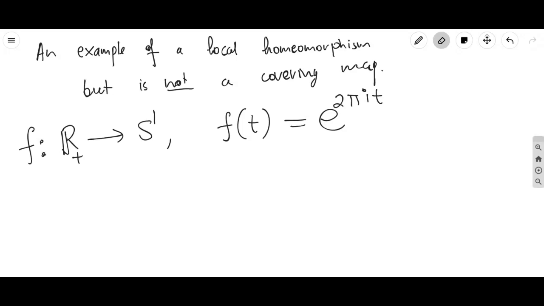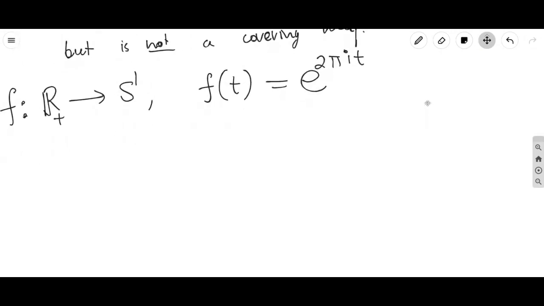And let's see what the problem is. Now, this is clearly surjective because every point on the circle can be represented as a positive angle, so it can be represented like this. But why is this not a covering map? So this is the positive real line.